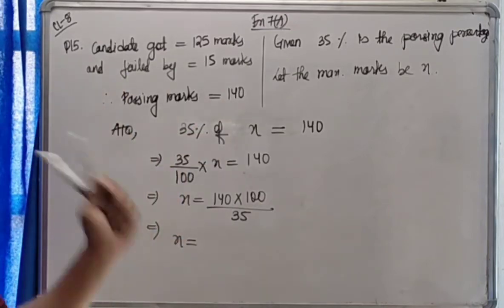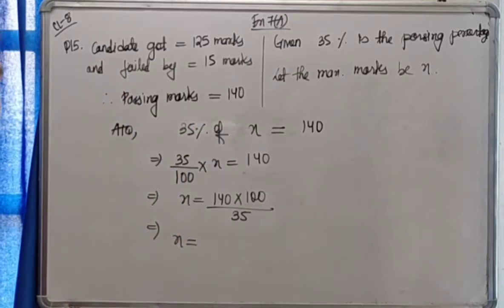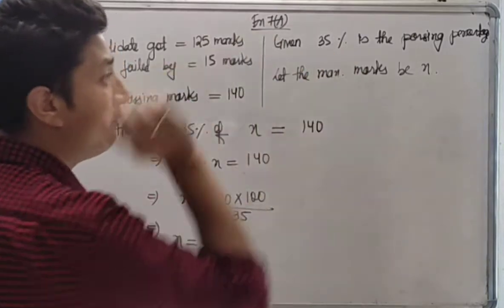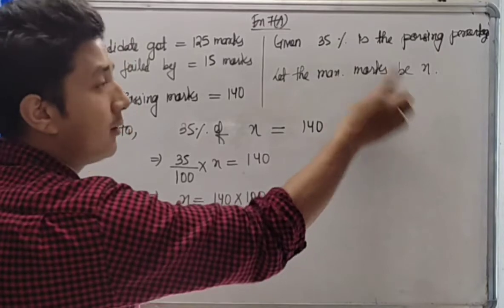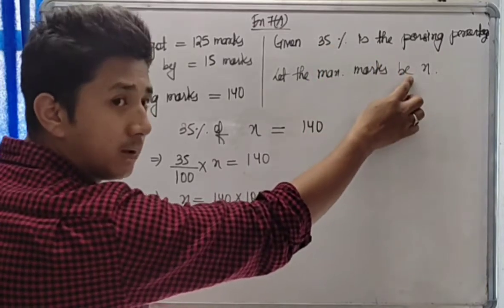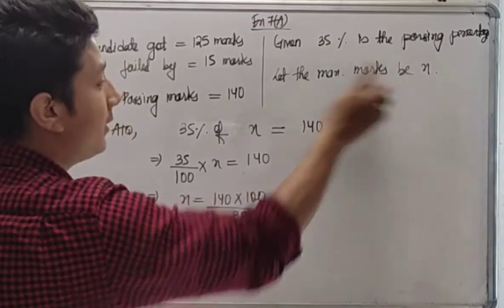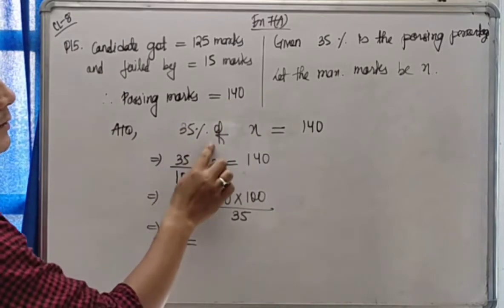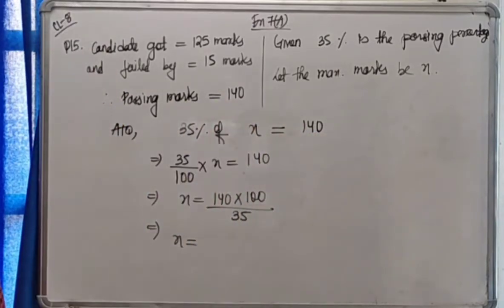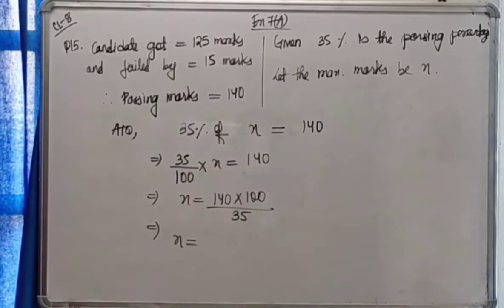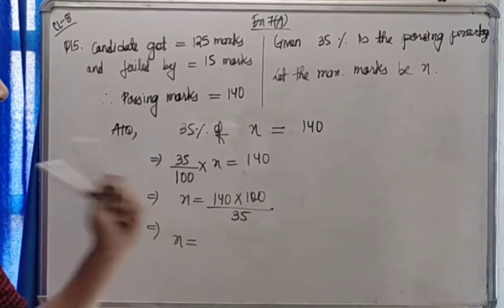This is marks. But when it comes to percentage, the passing percentage is 35%. So 35% of full marks, or the maximum marks, is 140. This is the passing marks, and this is the passing percentage. So from here I'll get the x. Cross multiply, 35% means 35 by 100.